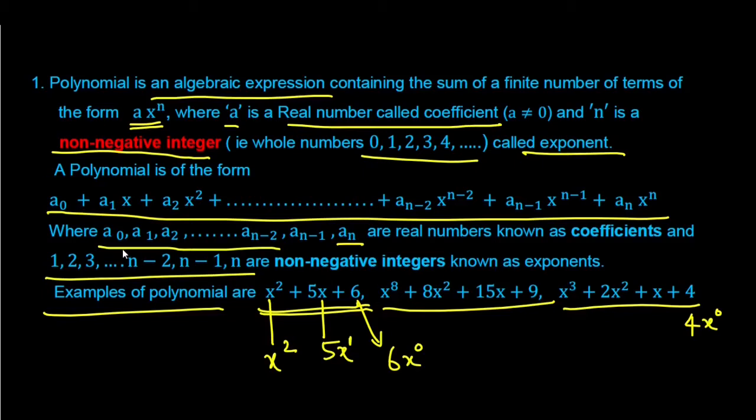When a subscript 0, 1, 2, 3, 4, etc. are taken as coefficients and n starting from 1 are taken as exponents, the general form of polynomial is a0 plus a1x plus a2x square, etc. plus here the last one is an x power n.